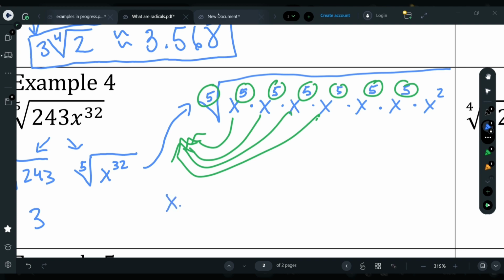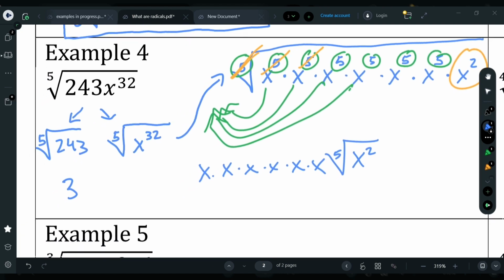So I basically have 6 x's there. Because what happens is exponent of 5 cancels with the root 5. Exponent of 5 cancels with the root 5. Now the only thing that's left over is this piece. So the x squared is going to be the last and only thing that stays inside of the radical.